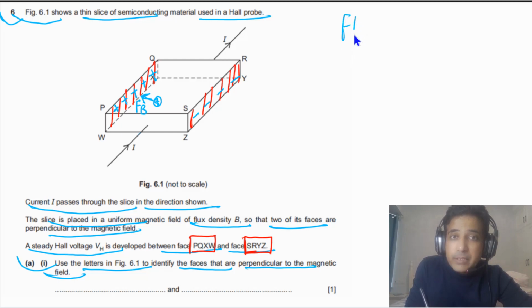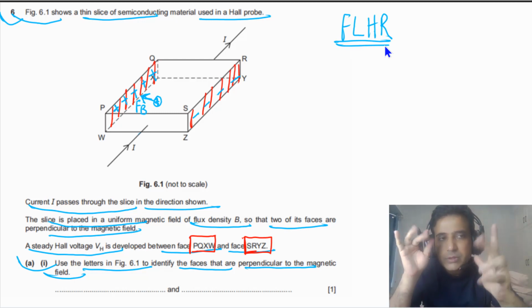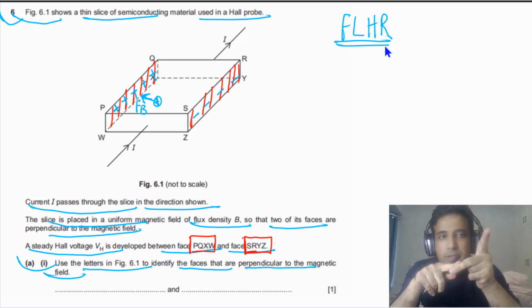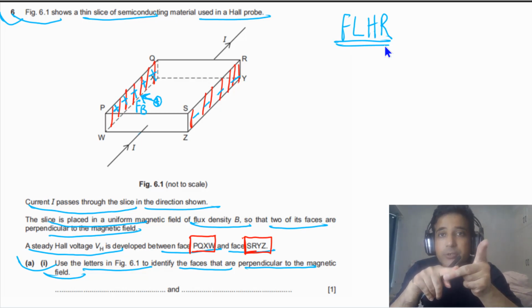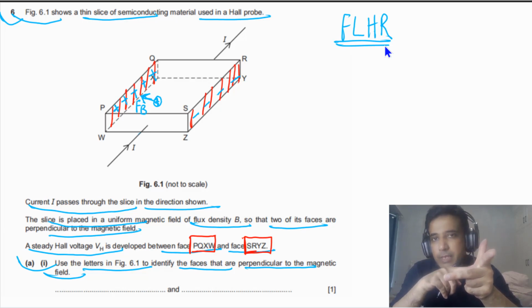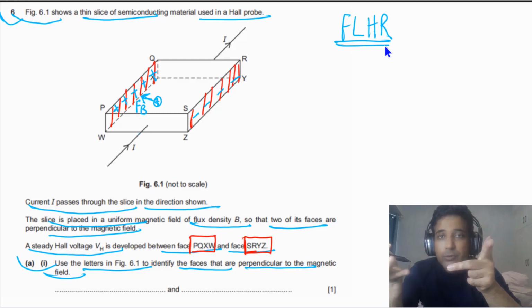Actually, this question is simply about Fleming's left-hand rule. For Fleming's left-hand rule, you need to understand that current is at right angle to the magnetic field, and current is also at right angle to the magnetic force. All of them are perpendicular to each other. If this point is clear to you, then simply you can answer this question.